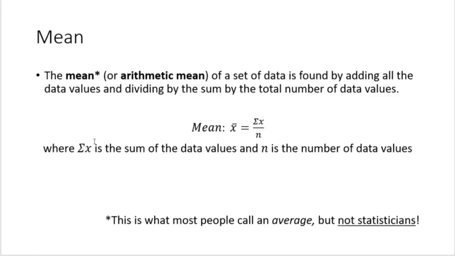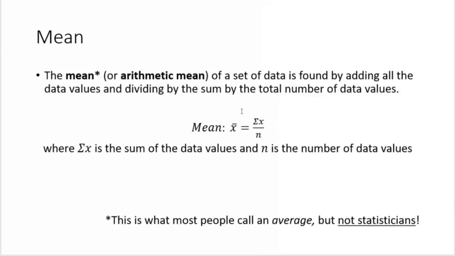The mean of a set of data is found by adding all those data values and then dividing by the total number of values. You have a little bit of notation here. The symbol in front of the X, that weird looking little E, is referred to as sigma. It's a capital Greek letter, sigma, and it means that you need to add up all of whatever's after it.